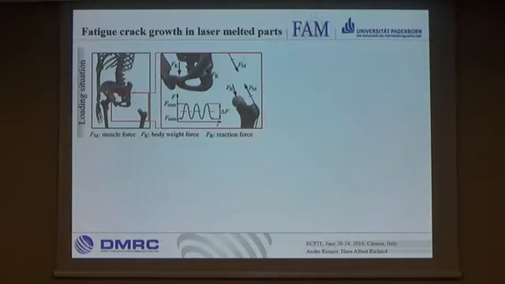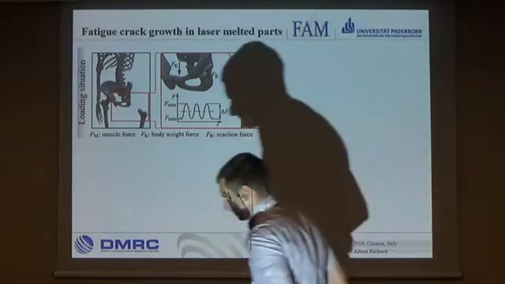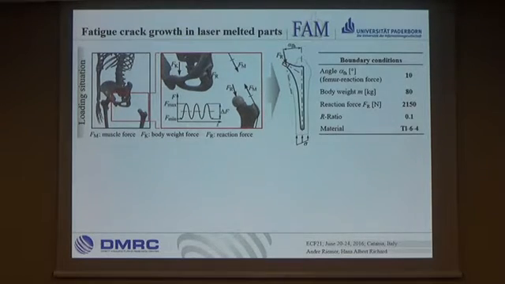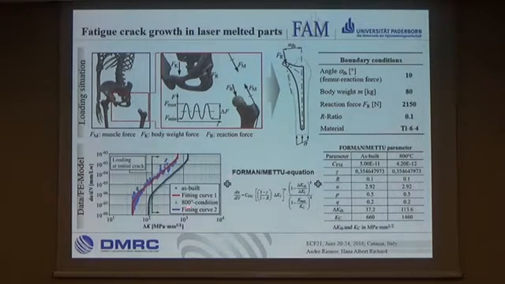So this data was used in order to have a look at how the heat treatment affects the residual lifetime of an implant, and for this the loading case normal walking was selected, and the R ratio was 0.5, and the Ti64 material was used.